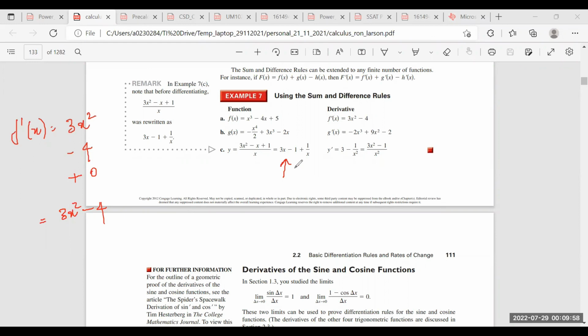Oh, I got a different answer. So I got 3x squared minus 1 over x squared. How did you get a 3x square?